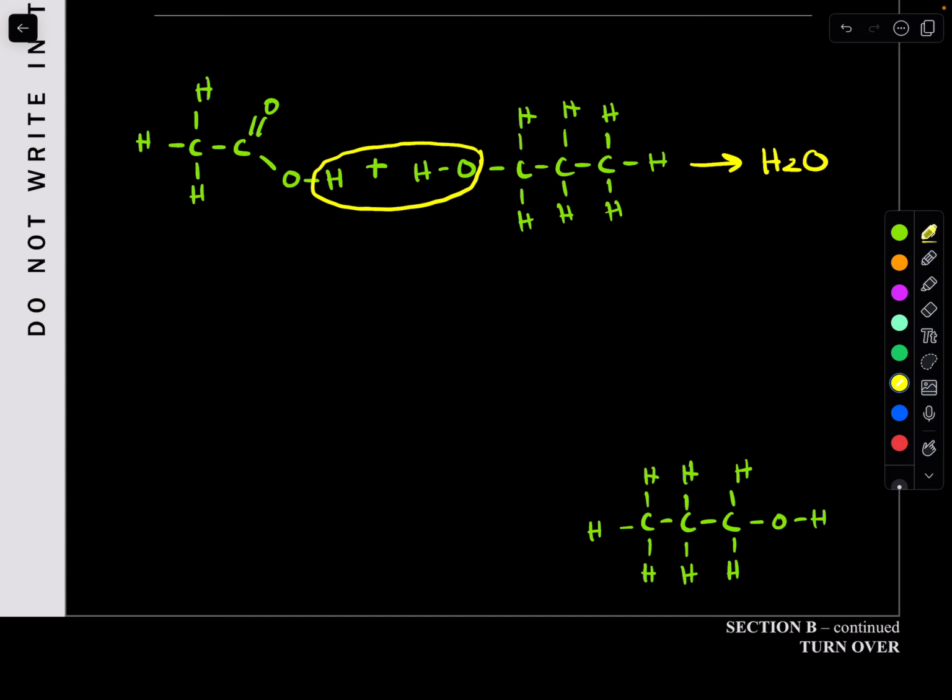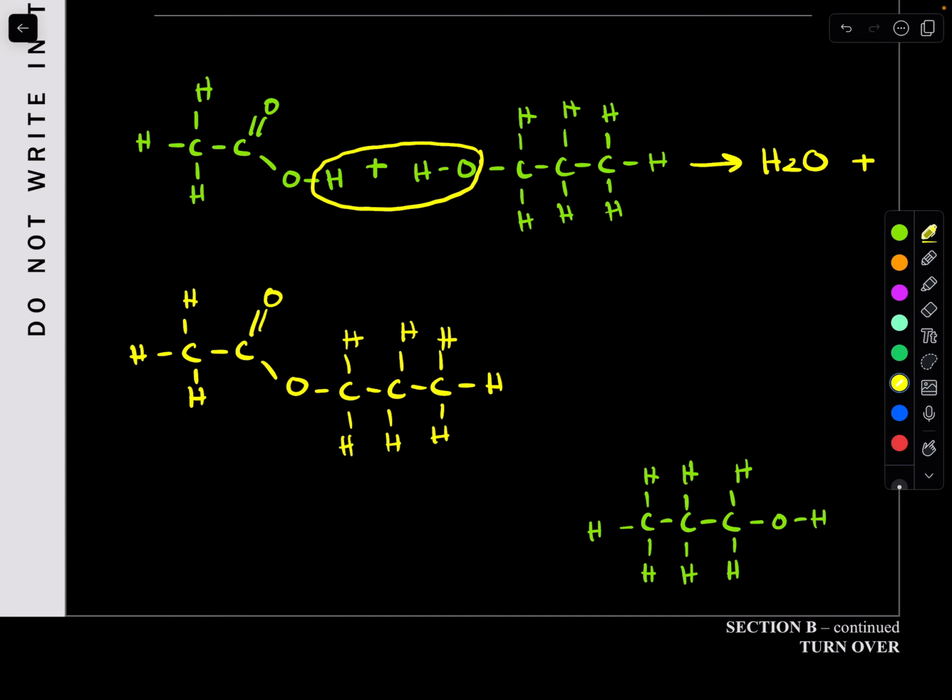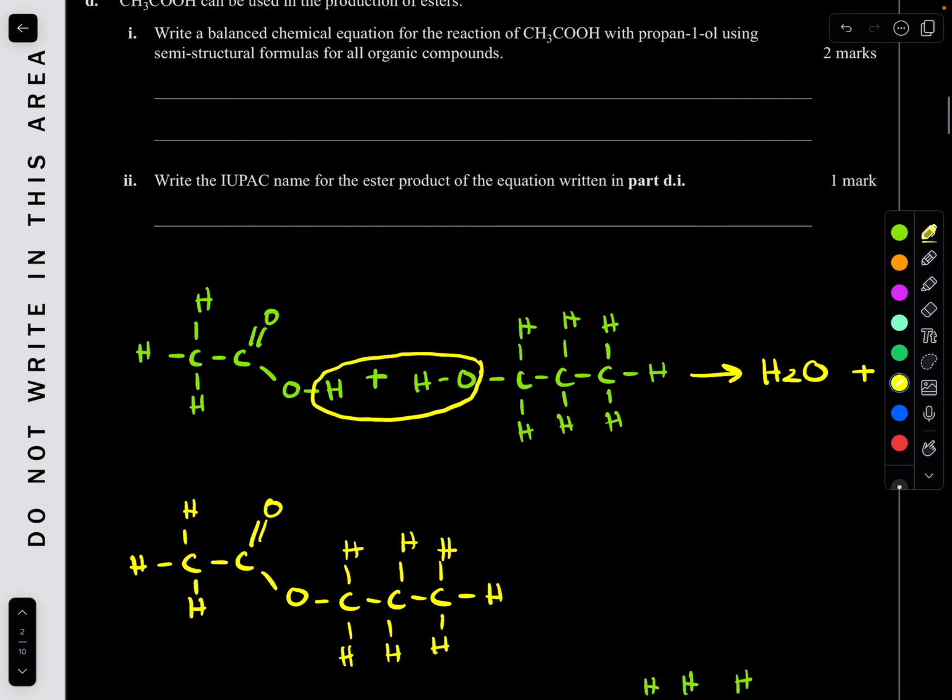There will be a bond formed, plus the C=O double bond. I'm writing this part over here, but with a new bond, so imagine taking this part out, because that's water, and combining these two. So we get C, C, C, H, H, H, and H. And that is your actual reaction. If we want to write it as a semi-structural formula, all we have to do is rewrite it as it's written.